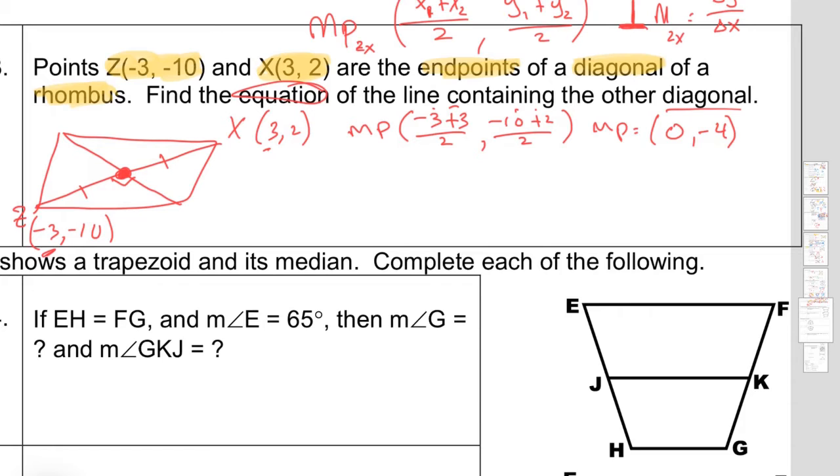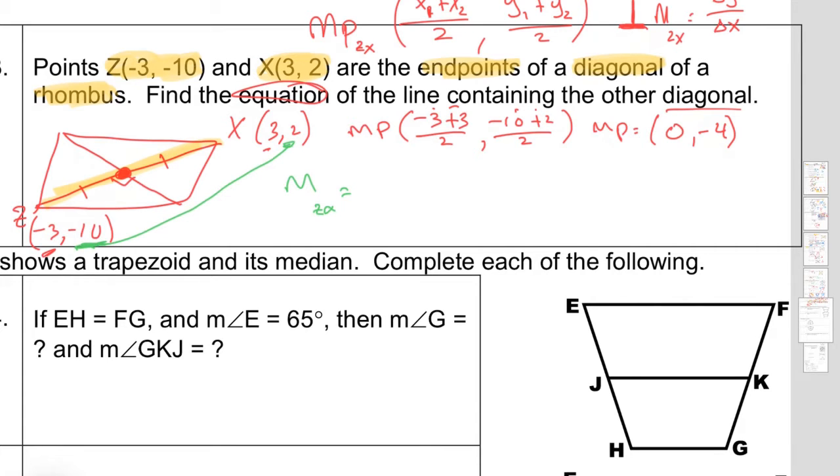So the second thing I've got to find is the slope of the original diagonal that they're giving us, in other words, the slope between these two points. And slope is just change in y over change in x. So for my change in y, from Z to X, how do I get from this -10 to that +2?